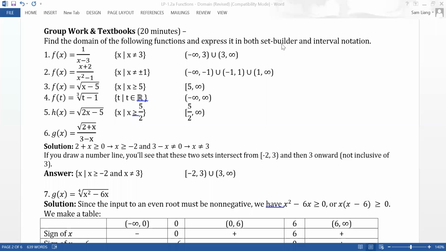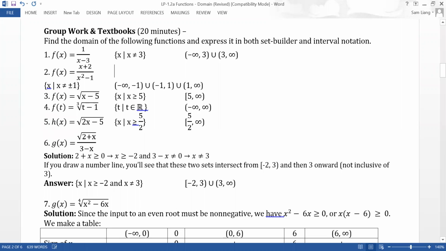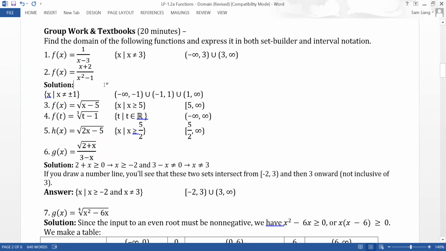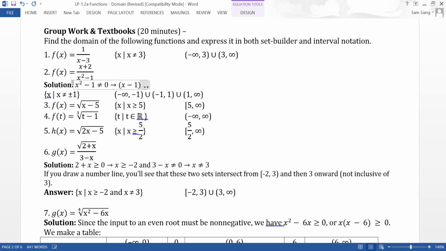All right, next question. Here we have x plus 2 over x squared minus 1. So we only have to really care about the denominator here, right? So x squared minus 1 cannot be equal to 0. And then we would factor that. x squared minus 1 equals 0, and then you can factor, right? x minus 1, x plus 1, equals 0.